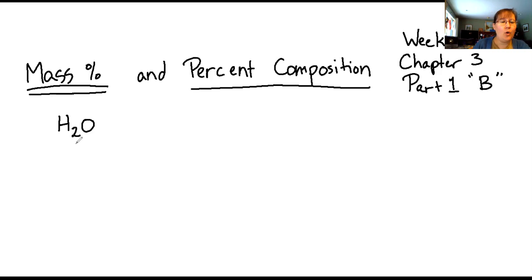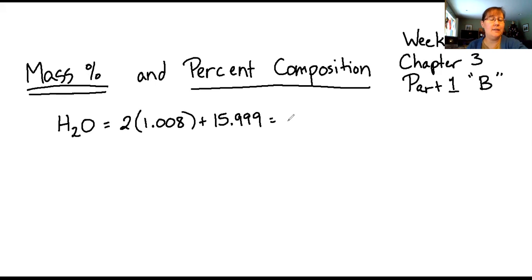Okay, and we know that the molar mass for water is twice 1.008 for my hydrogens, plus 15.999 for my oxygens. And that means that water has a molar mass of 18.015 grams per mole.